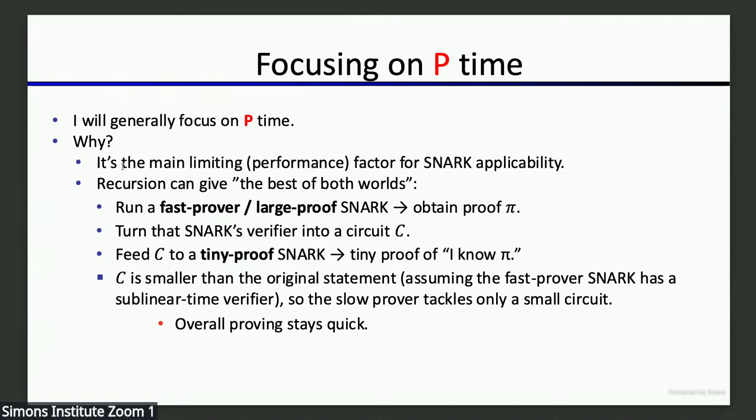You're applying the slow prover, the small-proof SNARK, only to a circuit implementing the first SNARK's verifier. As long as that circuit is smaller than the original thing you were proving, it doesn't really affect prover time. So that's another reason to focus on prover time. As long as your SNARK is reasonably succinct, it's generically enough to then go all the way down on the proof size.